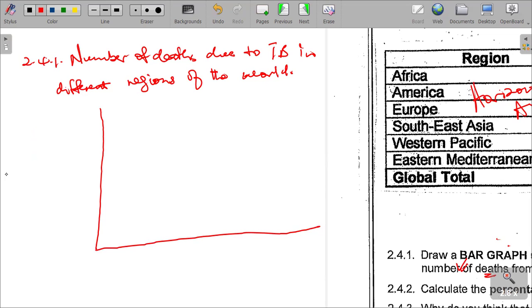Here we have the number of deaths on the vertical axis, and I said we should use a specific scale that helps us place these figures properly.